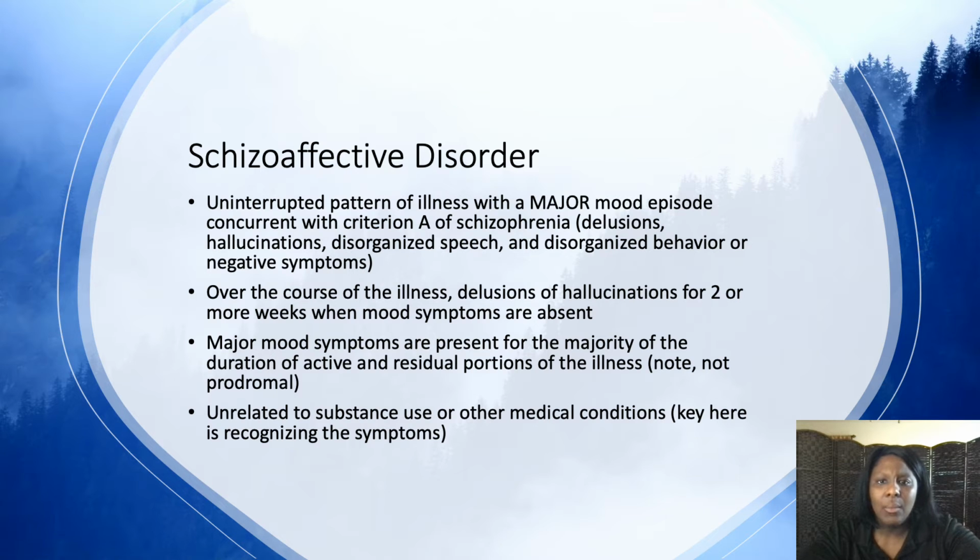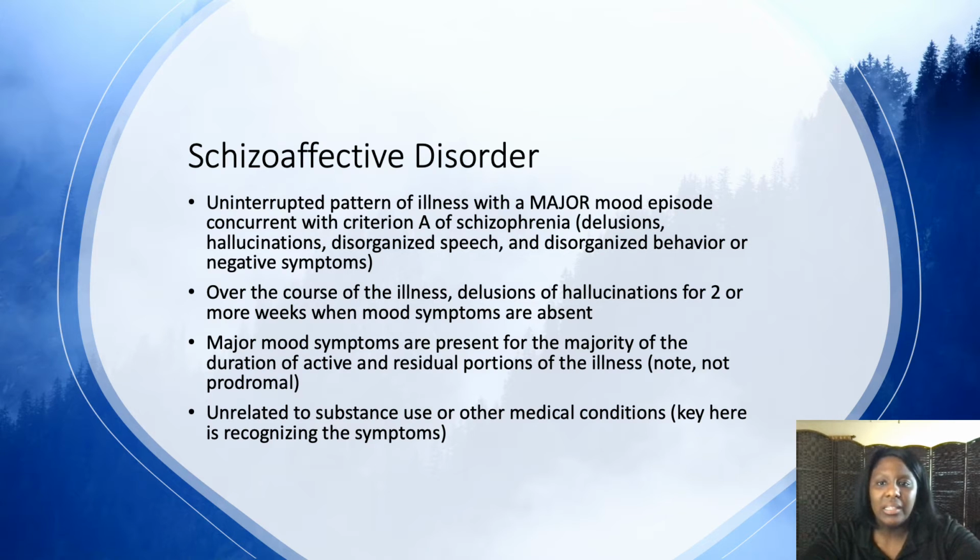And I want to take a look at page 110 really quickly, but we're going to talk about this a little bit more on a later slide. But on page 110, it reads this. Specifically, schizoaffective disorder can be distinguished from a depressive or bipolar disorder with psychotic features based on the presence of prominent delusions and or hallucinations for at least 2 weeks in the absence of a major mood episode.